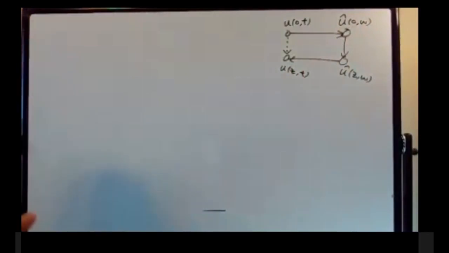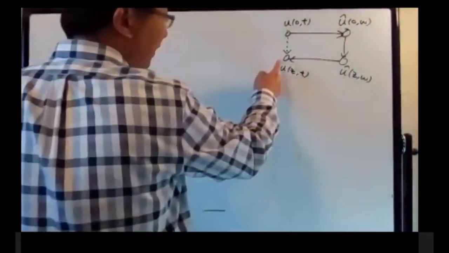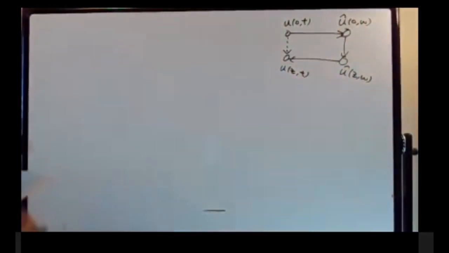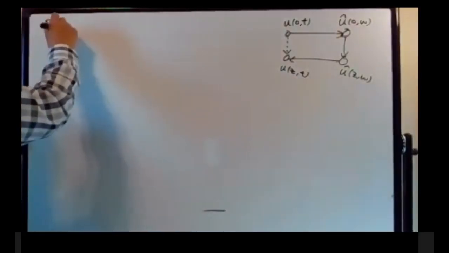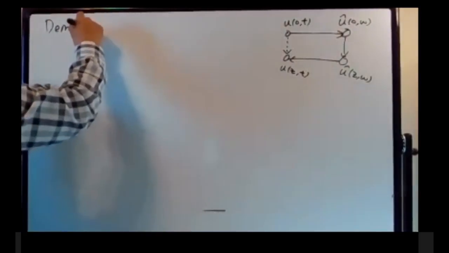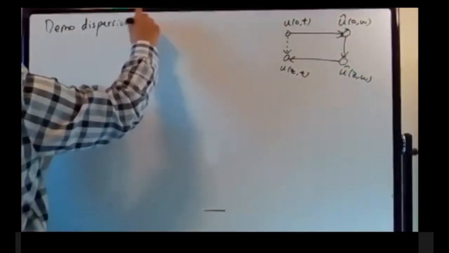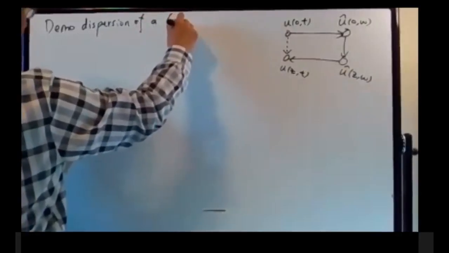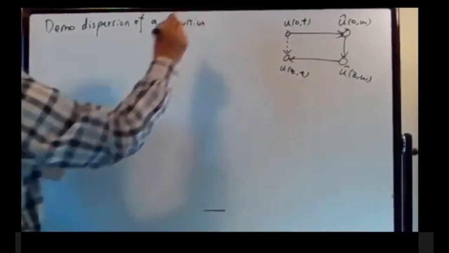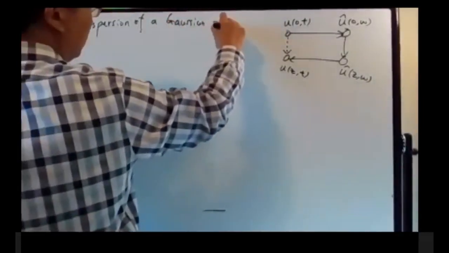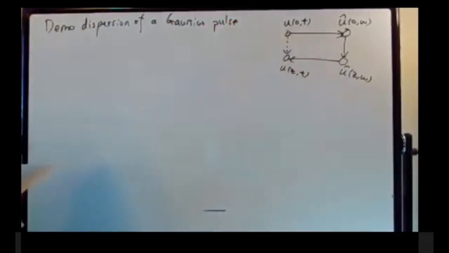If I have a Gaussian pulse, what kind of shape is it here? So let's have a demo: dispersion of a Gaussian pulse.